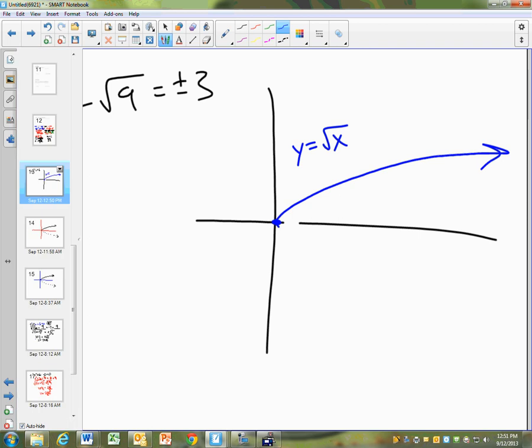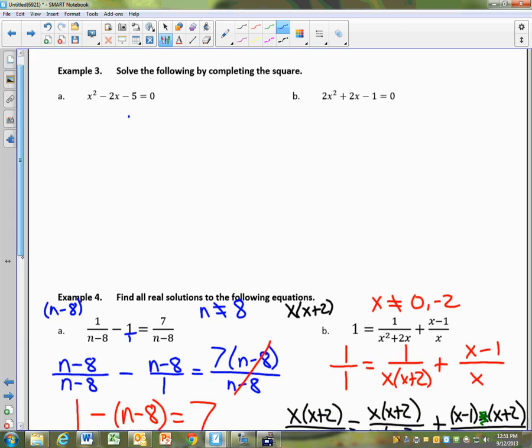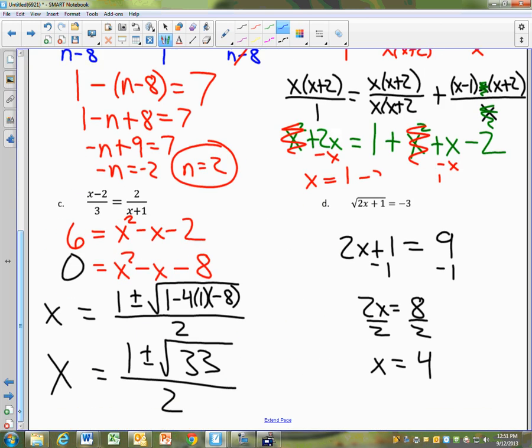So in this situation, technically the answer is no solution. If you see a square root equal to a negative number, you know right away there's not going to be a solution.